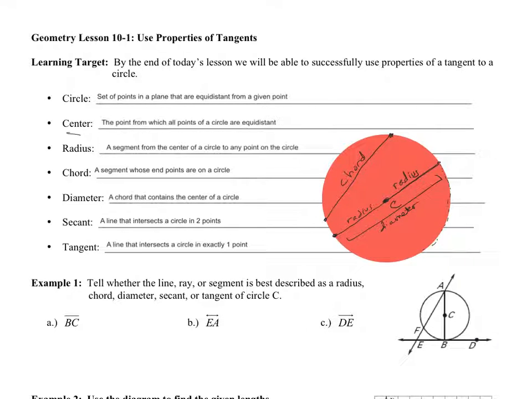And the secant is a line that intersects a circle in 2 points. So this will be called a secant. And the tangent is a line that intersects a circle in exactly 1 point. So I can do this.